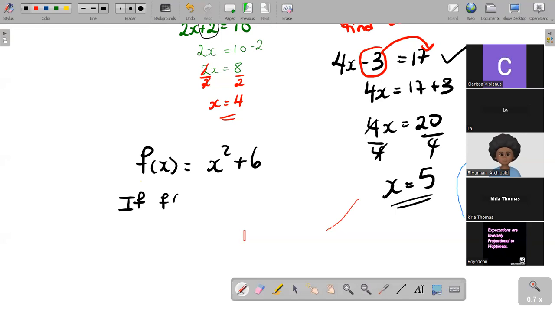If f of x is equal to 32, no, sorry, not 32, 22. Find x.